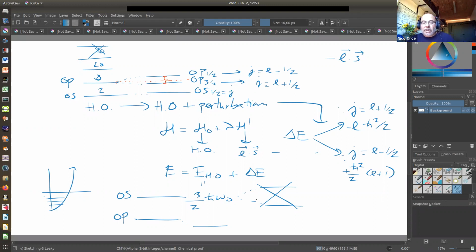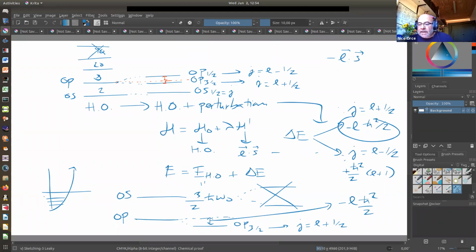The J equal L plus 1/2, which is basically the 0p 3/2, will come with a delta E of minus L h bar squared over 2, which in this case, L is equal to 1, right?